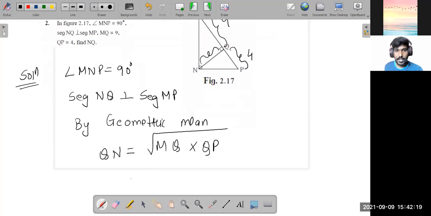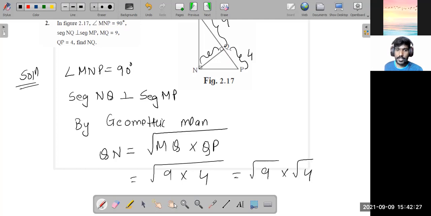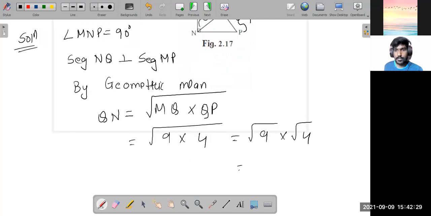So that will be root of 9 into root of 4, which you can separate. That is 3 multiplied by 2, that is 6. So length of QN equals 6.